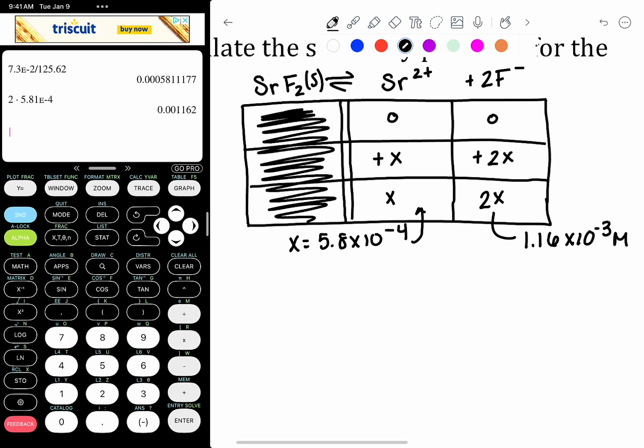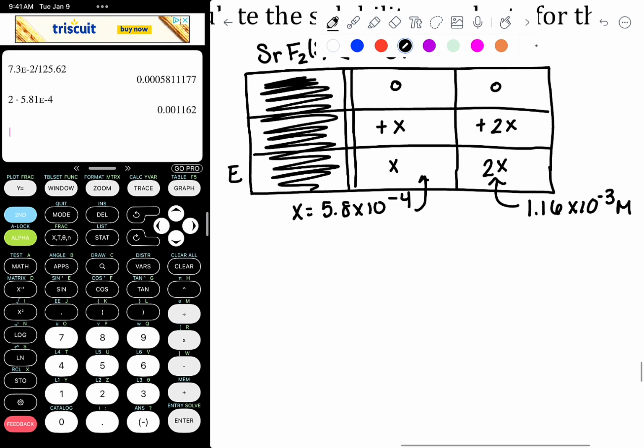So now that we have these molar values, our equilibrium values, we can now solve for KSP, because we know that KSP is going to be equal to the concentration at equilibrium of strontium 2+, and the concentration of F- at equilibrium that we are going to square.